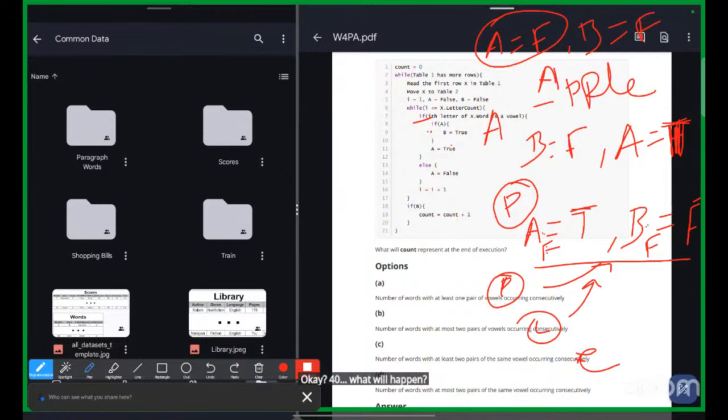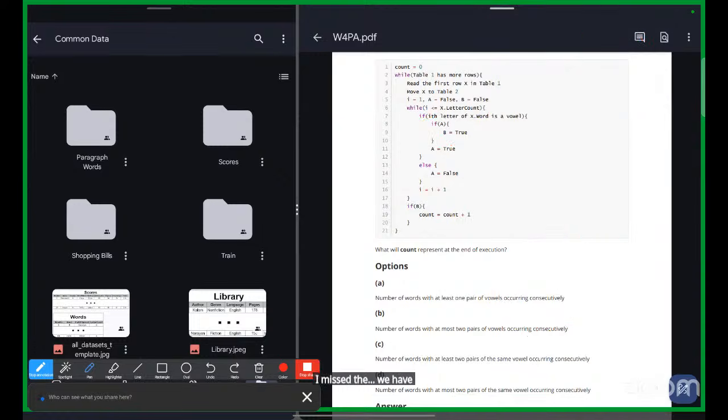Sorry, 1 second. I missed the block. We have an else block as well. Let's maybe restart this problem. We started with A. For A, what was the value?